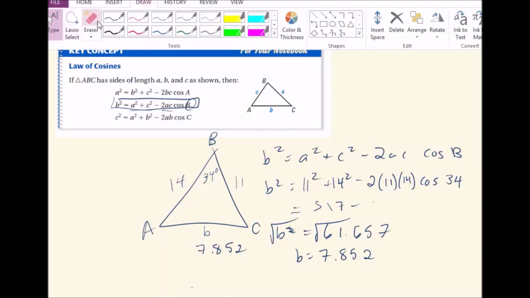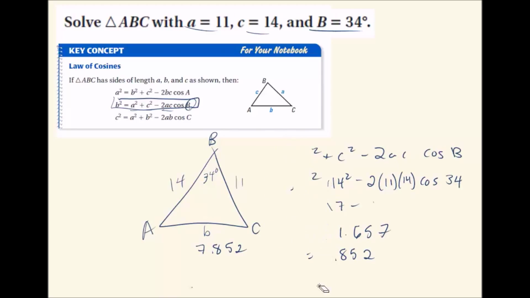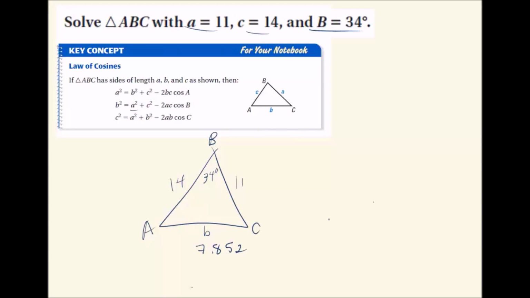At this point, we just need to choose a method to get the other angles. I mean, at this point, we have a lot of choices. If we want to find angle C, we can use the law of cosines, because we have the sides and can find C squared, A squared, B squared, 2B. We can use that. But we can actually use the law of sines, which is going to be even easier, because we know that sine 34, this is from last section, over 7.852 is equal to sine C over 14.